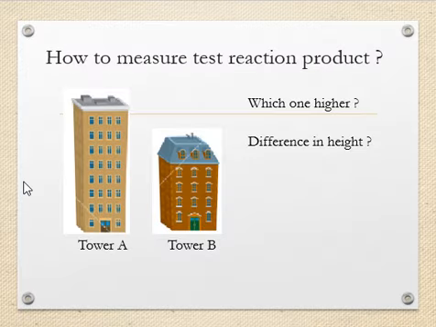So, how do we measure the analyte? You have the device, you have the chemical reaction product. So, how does it work? Look at this example. There are two buildings. We know that tower A is higher than tower B. How much higher is tower A than tower B?